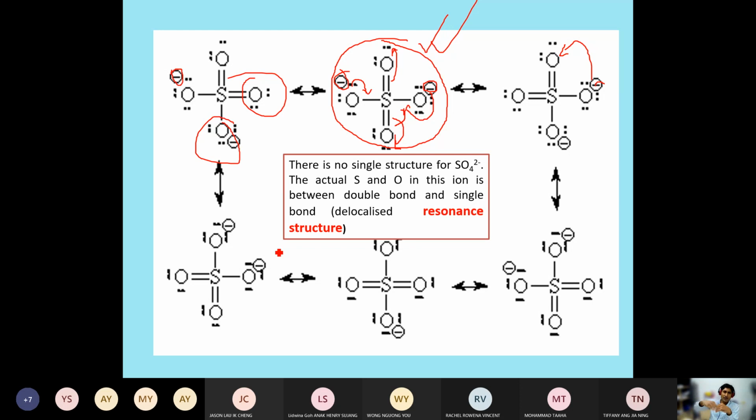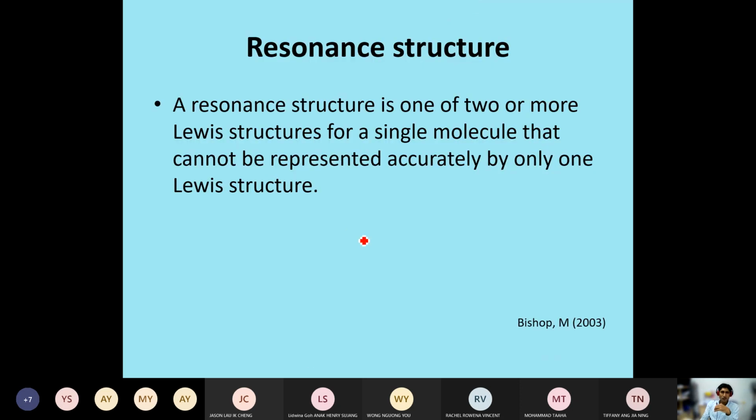So it is rotating all around, and that is why it is called the resonance structure, okay? A resonance structure is one of two or more Lewis structures for a single molecule that cannot be represented accurately by only one structure. We cannot say that this molecule has only one structure.